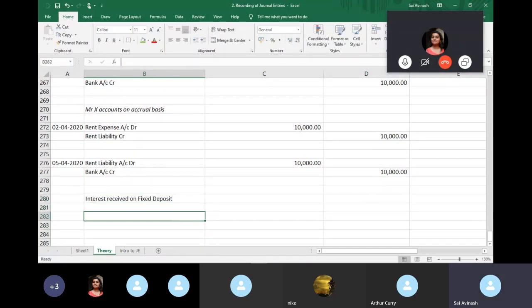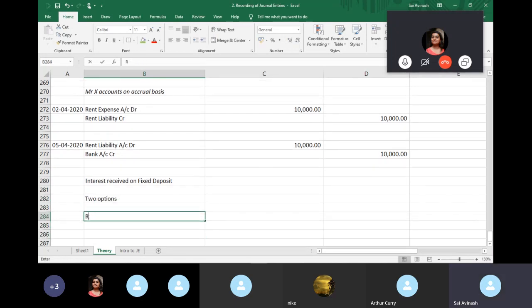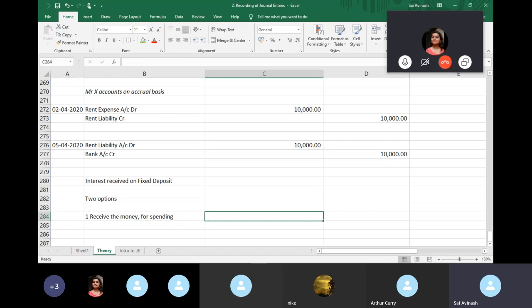Typically, you have two options. Option one is to receive the money for spending. You deposit money, and receive interest in your current account.